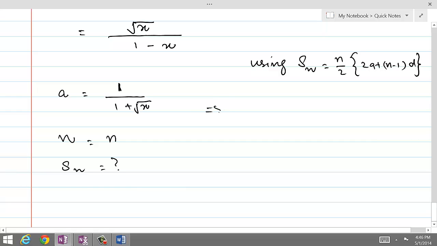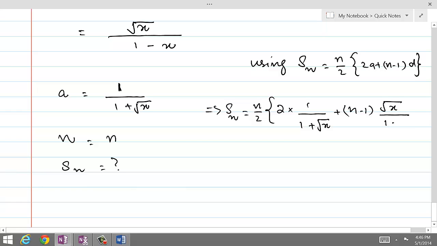This will give us Sn equal to n by 2 into 2a. A is 1 over 1 plus under root x, plus n minus 1 into d, and d we have just calculated, that is equal to under root x over 1 minus x, and we close the bracket. And now this will be the process of simplification for this.